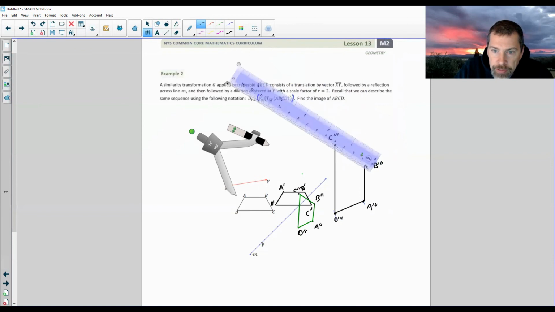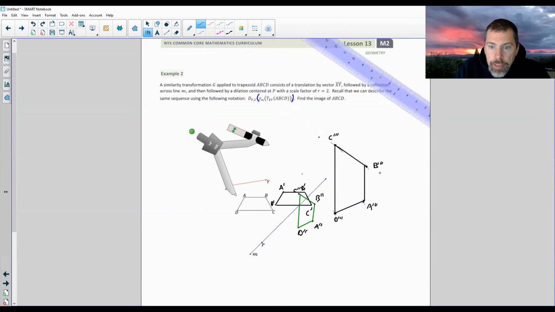And then finally line up B double prime with C double prime. And there is trapezoid A, B, C, D, translated, reflected, and dilated. And there is my transformation G. Whew.